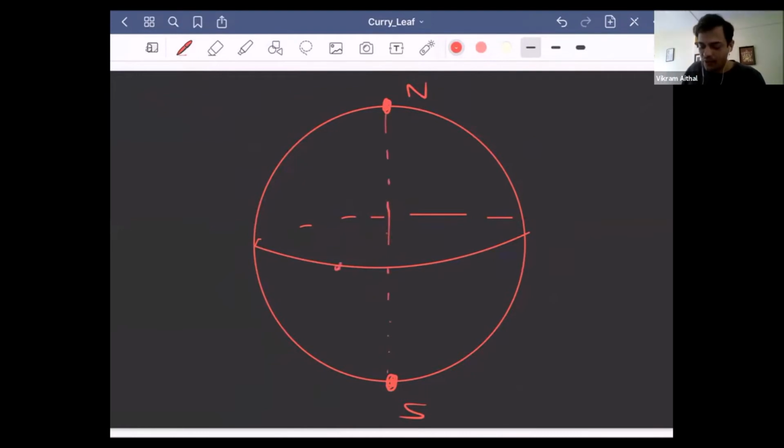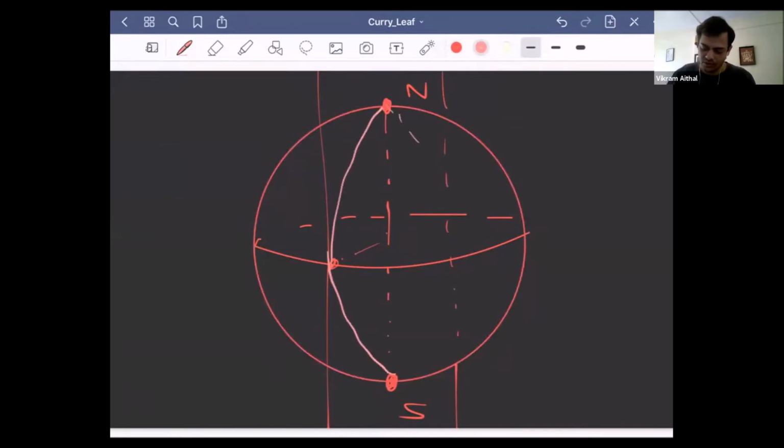If I take any point on the equator, I can look at the plane generated by this point on the equator and the North Pole, and I get this great circle which passes through these 2 points. But now you see, it's not unique anymore.